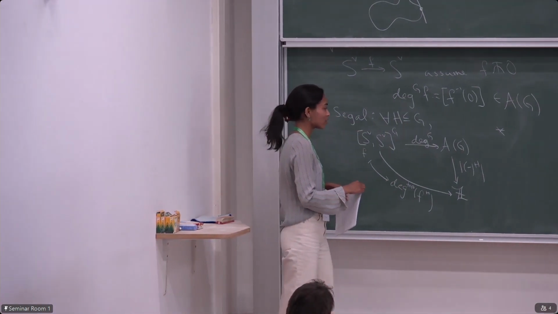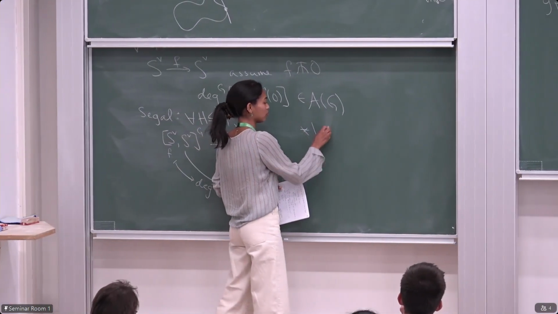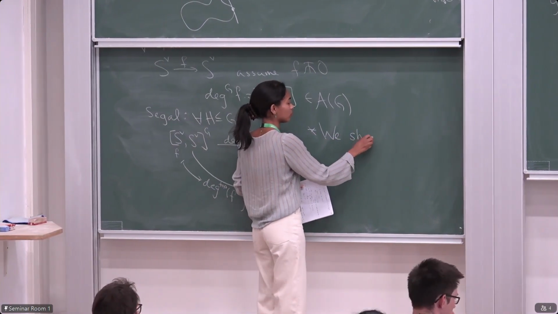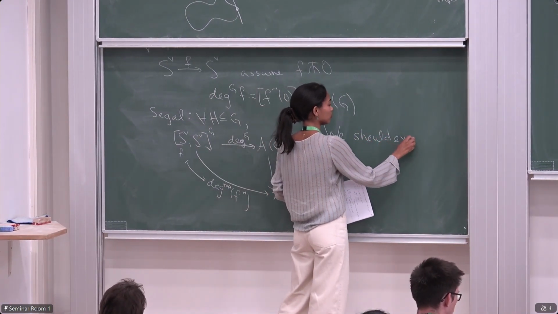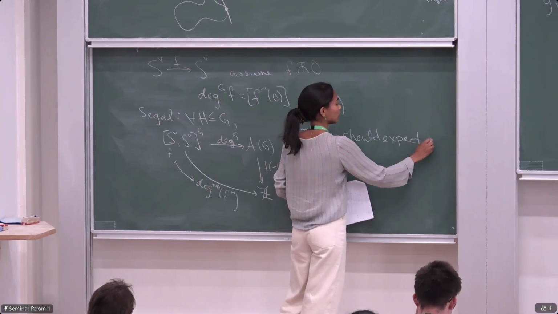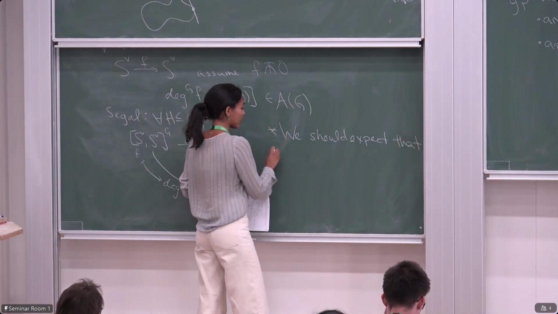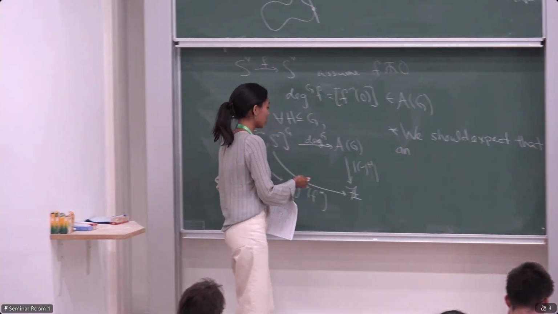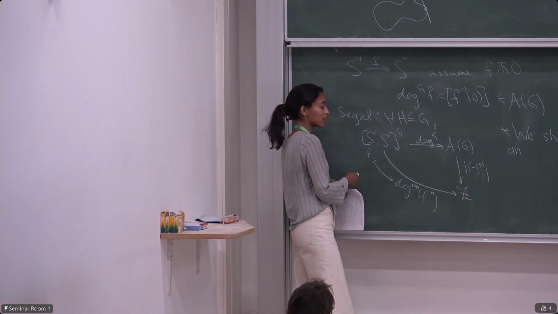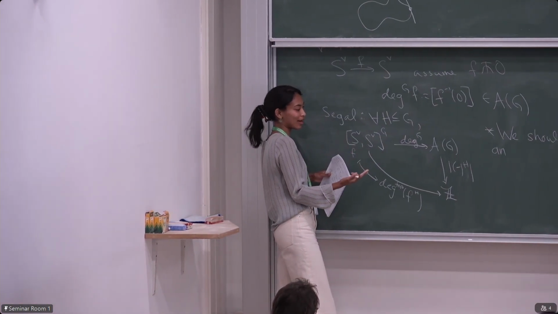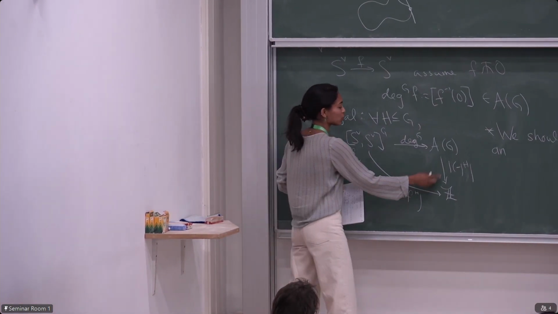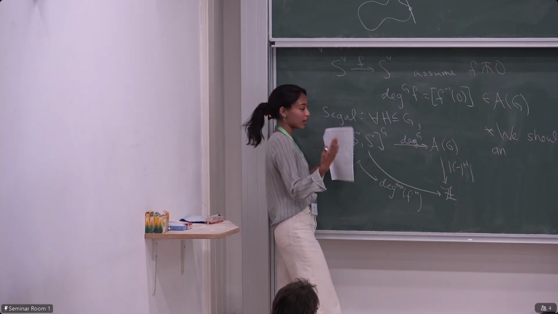So in particular, I say this to say that we should expect that any enumerative result obtained as an equivariant degree should recover a classical enumerative result in the integers just by taking the cardinality of the degree.